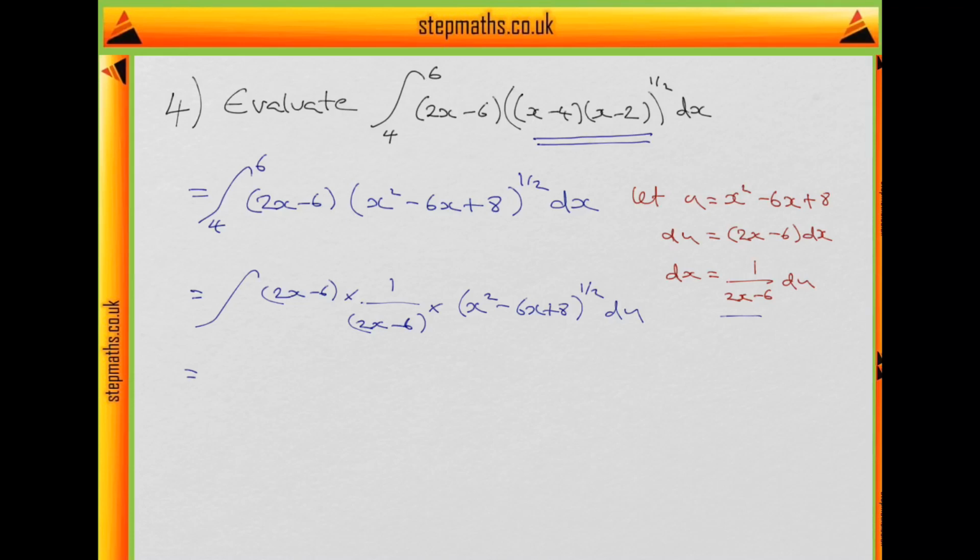So cancelling off and replacing our bracketed term with u, we get the integral of u to the half du.